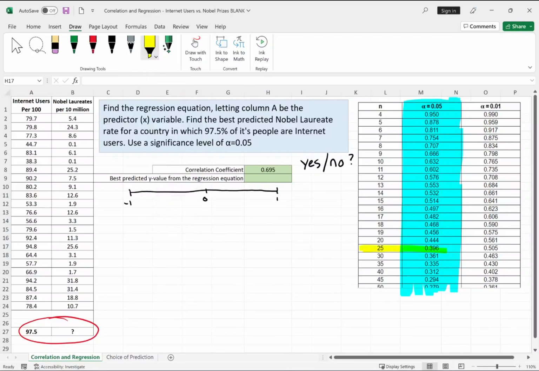So when I highlight the row for 25, you'll see where these two overlap. Just turn green. And so our critical values are plus or minus 0.396. So we'll put 0.396. We'll have a negative 0.396.